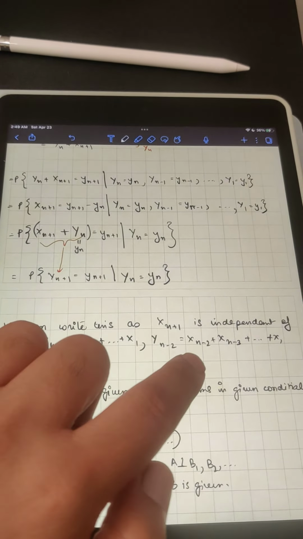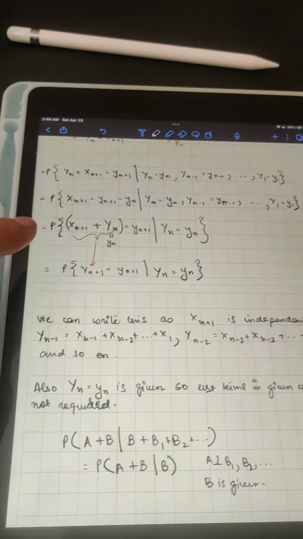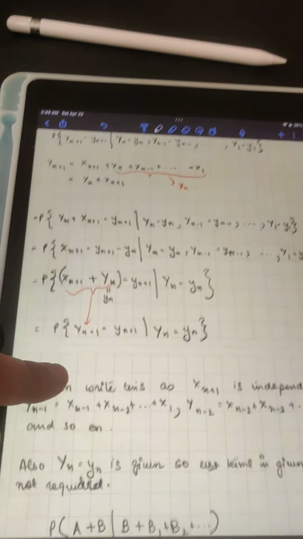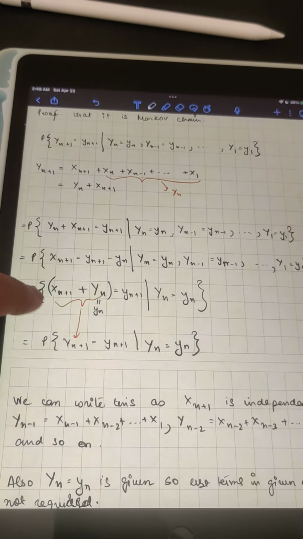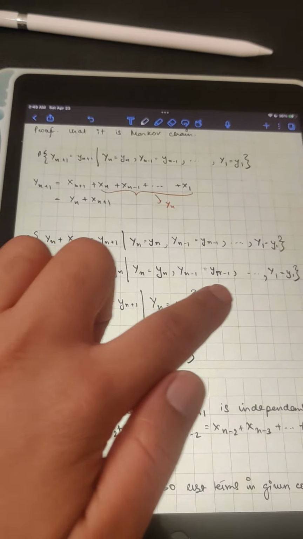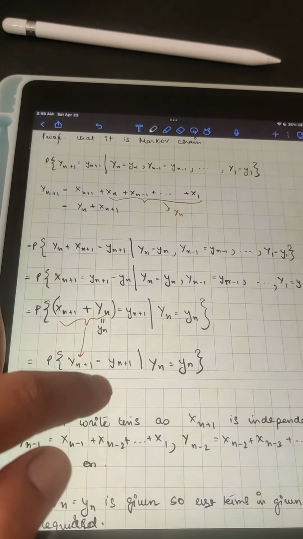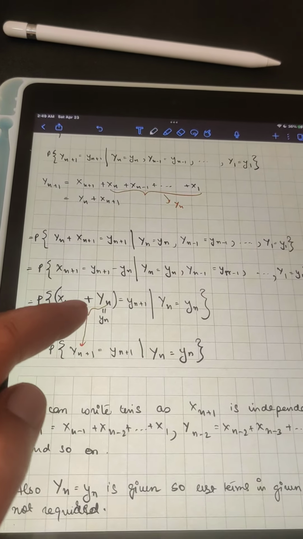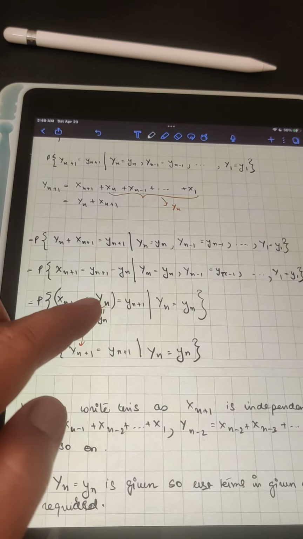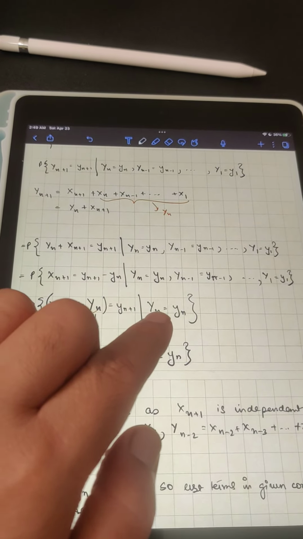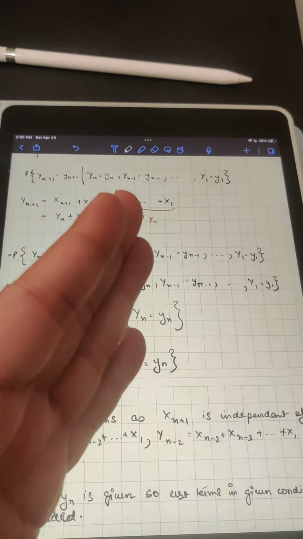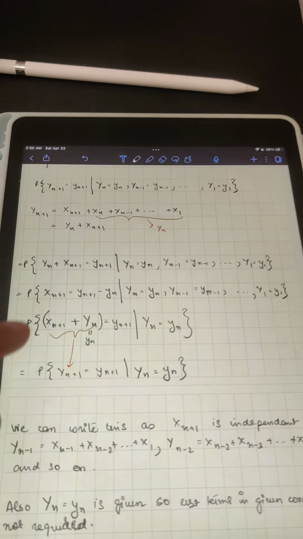Even Yn-2, there's no Xn+1 here. So Xn+1 is independent of all of these, right? And also we can say that Yn given Yn is independent of all the others, right?